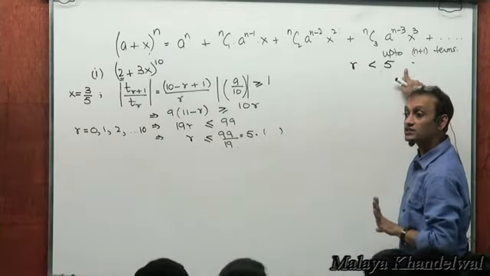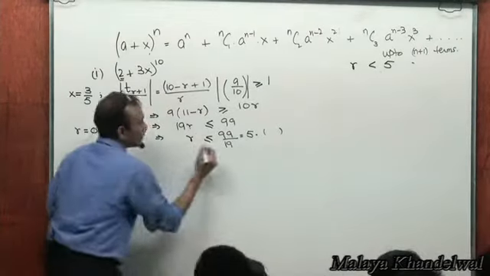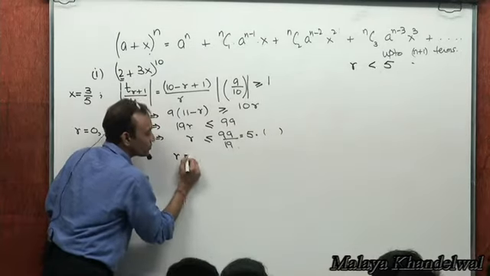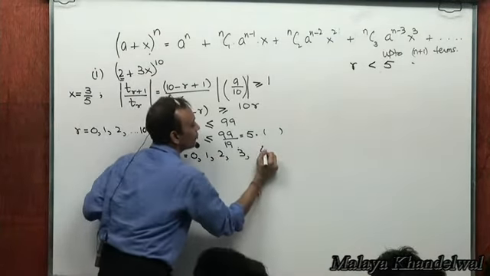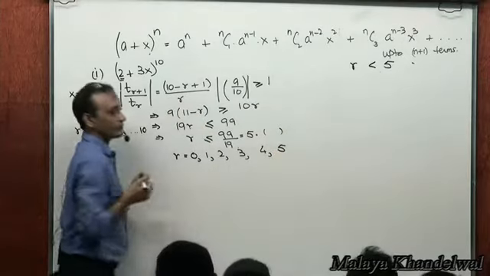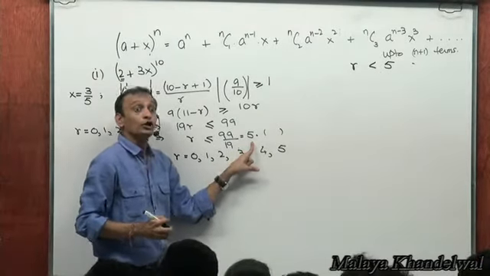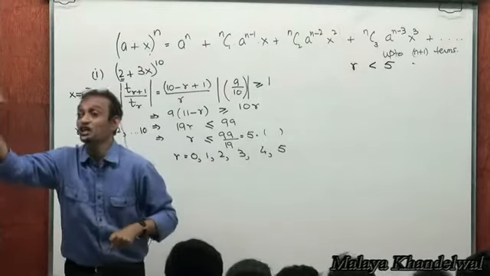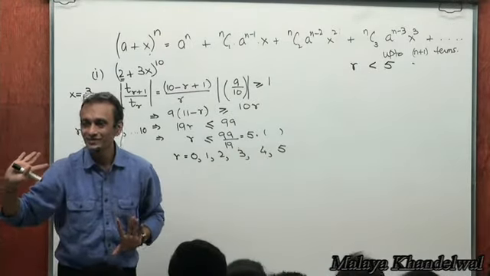Yes or no? Do you understand this? See, in this case, r equal to 0, 1, 2, 3, 4, 5. Up to r equal to 5, t(r+1) is necessarily bigger than t(r) numerically. Yes or no? This is what it means.